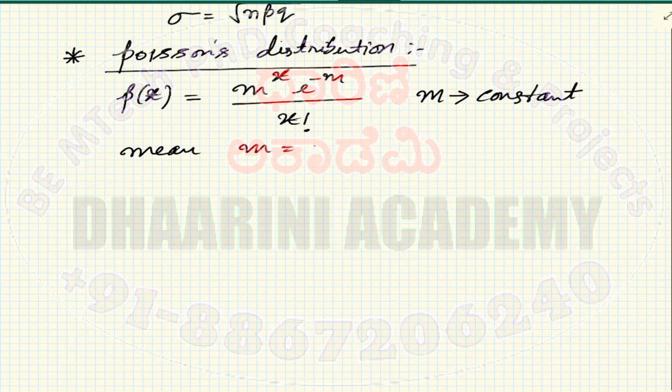Mean is given by m itself, the constant which we call, that itself is the mean. Mu is equal to m. Here the variance V is also m, so sigma becomes root m.